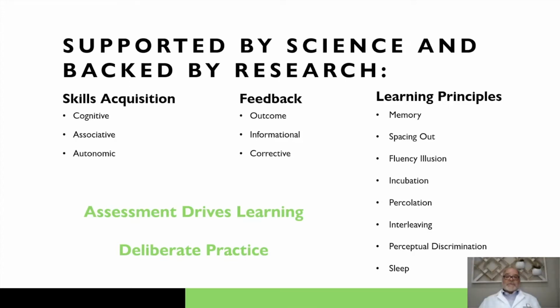And I think this is probably one of the biggest advantages of using the Simodont in an educational setting, because it is really good at these 2 types of feedback. The outcome, it gives you a score, tells you how you performed. Informational, it shows you where your errors were and how you can improve them.